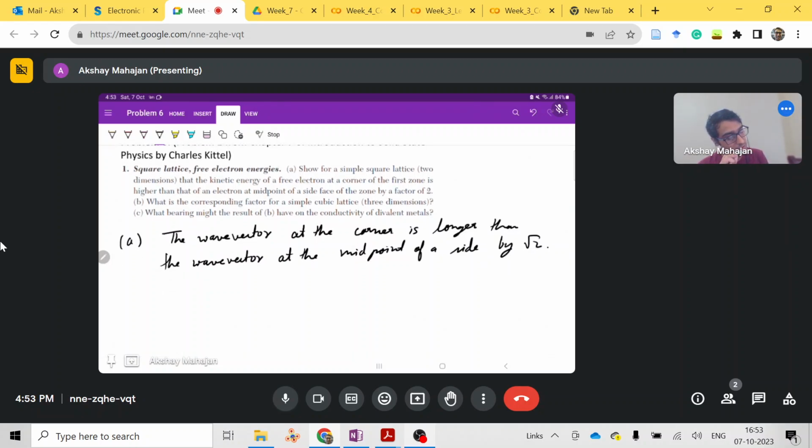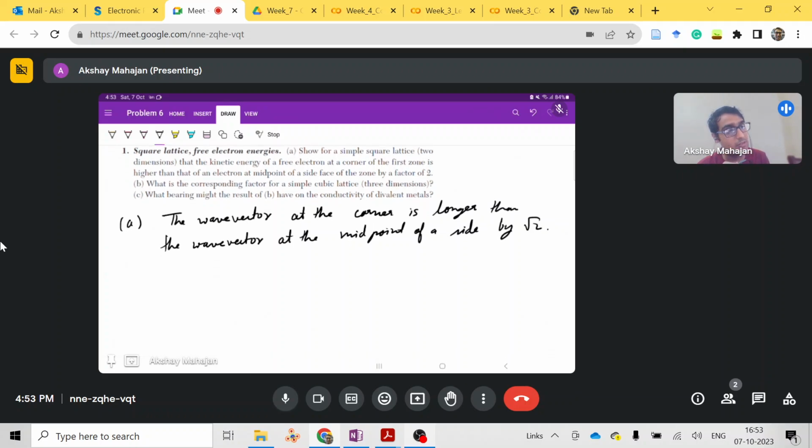So the wave vector at the corner point, if the lattice constant is a, will be longer because it will be pi by a, and this is pi by a.